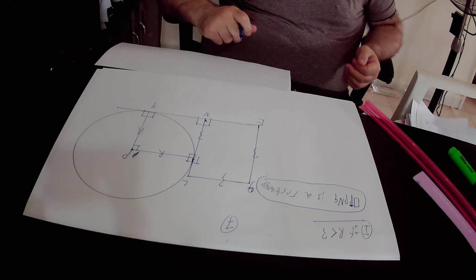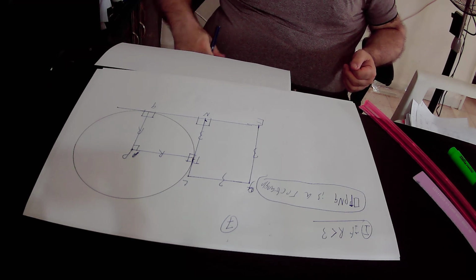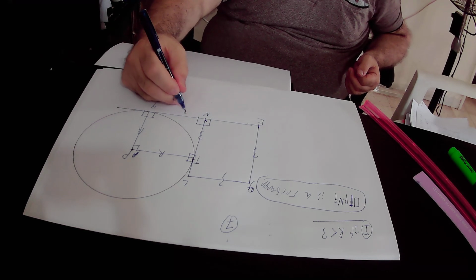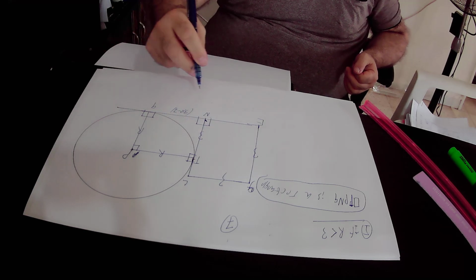The opposite sides of a rectangle are equal to each other. That is to say, TP is equal to NQ.